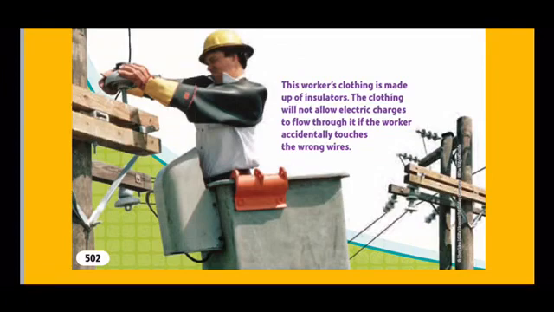This worker's clothing is made up of insulators. Yes, definitely. Look at the gloves. Look at the jacket. What about the helmet? Why is he using all these? Just to insulate himself, because electricity can be very dangerous.